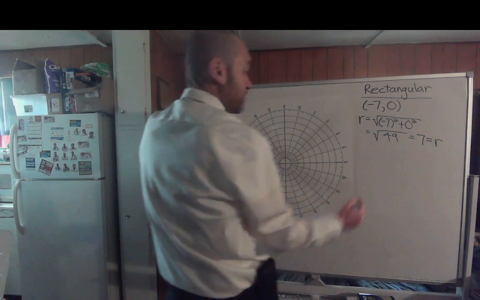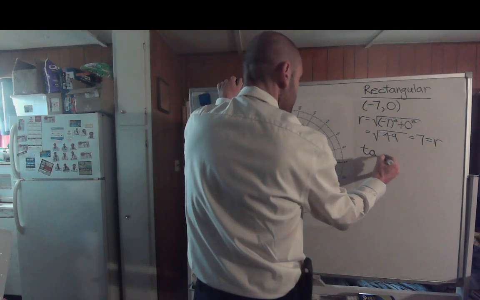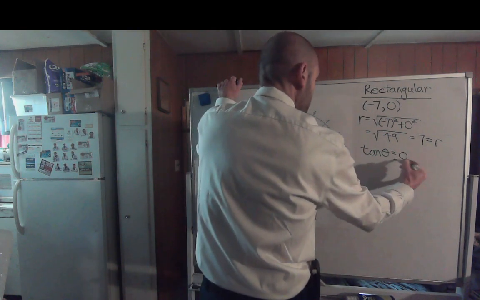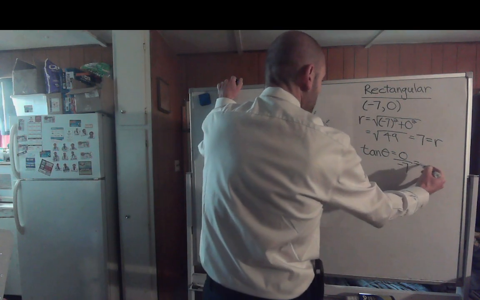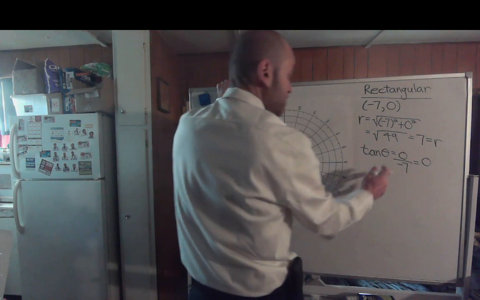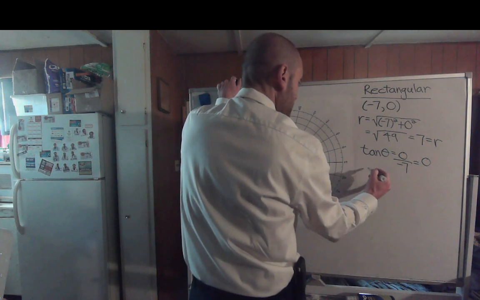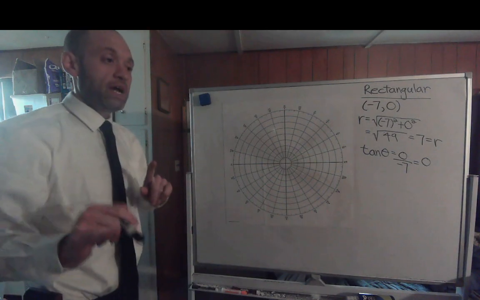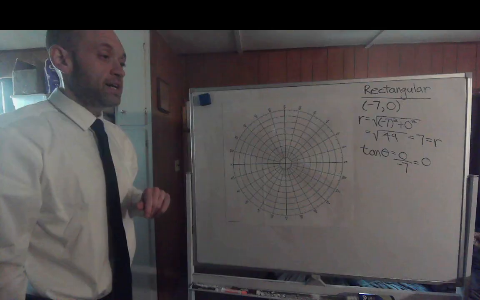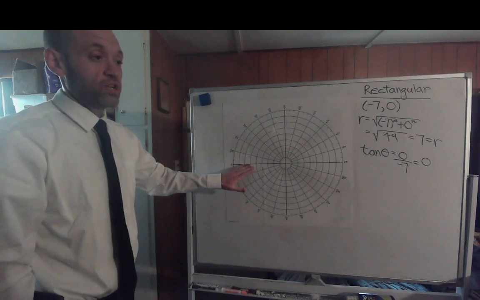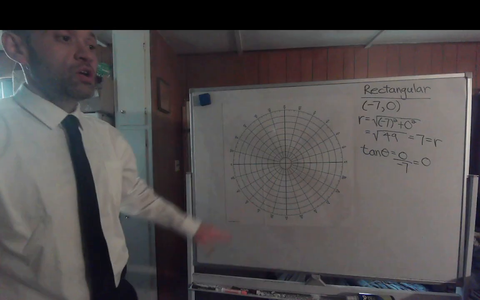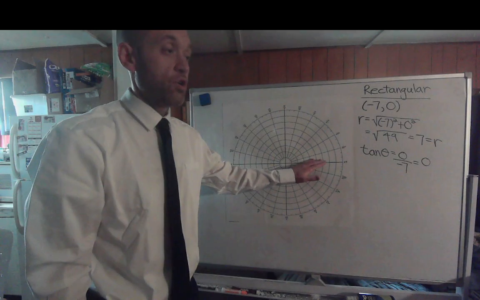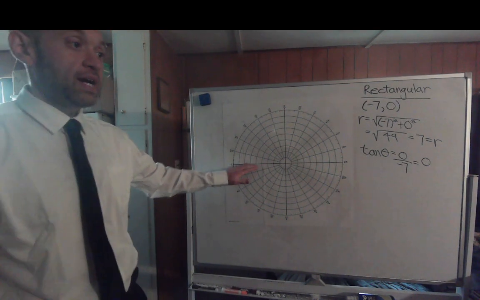Now what about your theta? So if you take the tangent of theta and set it equal to 0 over negative 7, well, you would just get 0. The tangent of theta equals 0. What angle gives you a tangent of 0? Now be careful, because we're to the left of the origin along the x-axis. We know the tangent at 0 radians is 0, but same with the tangent of pi.